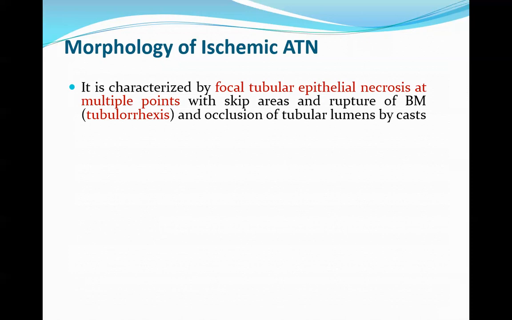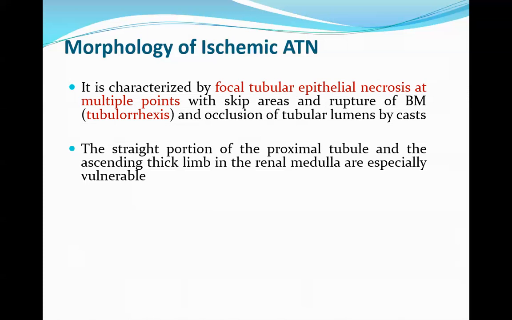So there are multiple different areas of necrosis, with skip areas, and rupture of basement membrane, which is called tubulorrhexis, and occlusion of tubular lumen by cast. By cast. I'll ask this question a little later on.